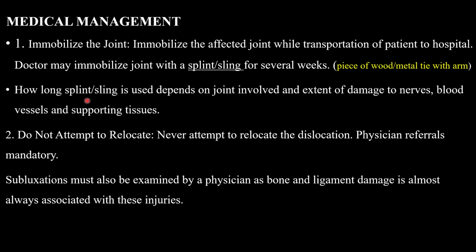How long a splint and sling are used depends on the joint involved and the extent of damage to nerves, blood vessels, and supporting tissue. The second point: never attempt to relocate it; repositioning by a professional is mandatory. Subluxations must also be examined by a physician. Bone and ligament damage is almost always associated with these injuries.